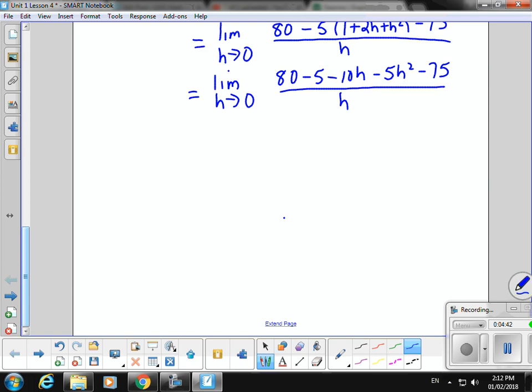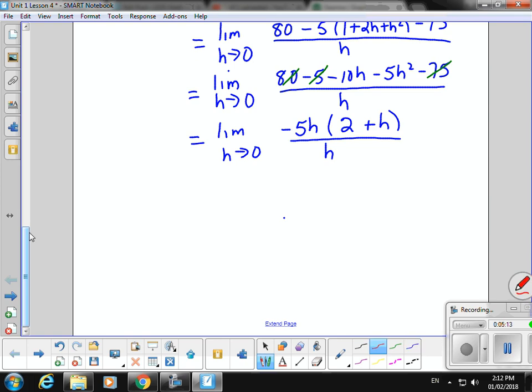Okay, if I have 80, subtract 5, I've got 75. 75, subtract 75, they're gone. I am left with stuff on the top that all has h's in it, so I'm going to factor out an h. So for the two remaining terms, I actually have negative 5h as my greatest common factor, which would be 2 plus h, checking my signs, I'm good, over h.